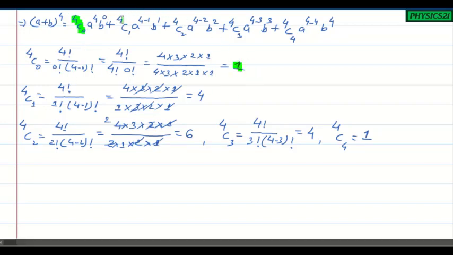In place of 4C1, we will substitute 4, and so on. (a + b)^4 is equal to a^4, the first term, plus 4a^3 b plus 6a^2 b^2 plus 4ab^3 plus b^4. So that will be the solution.